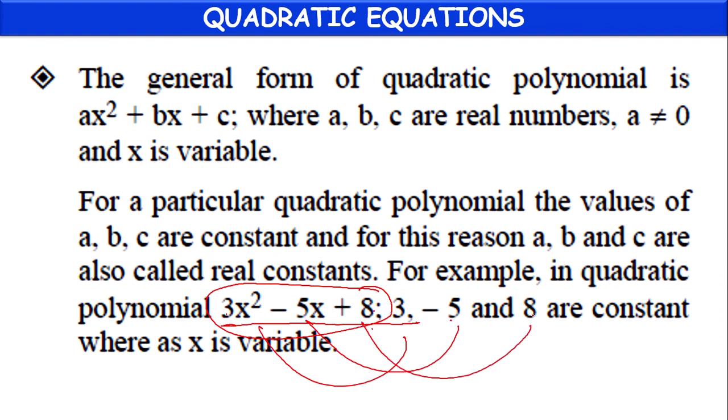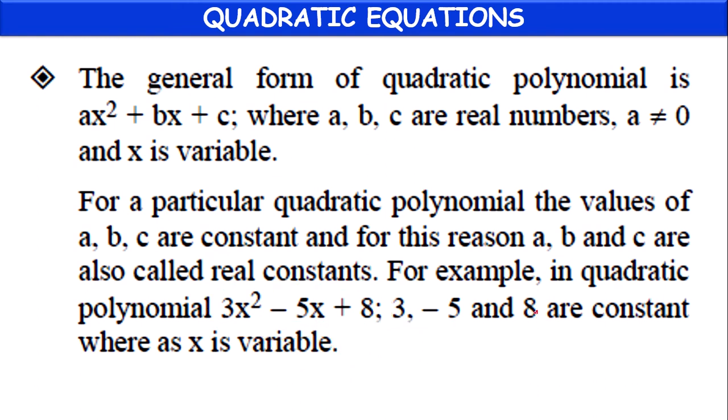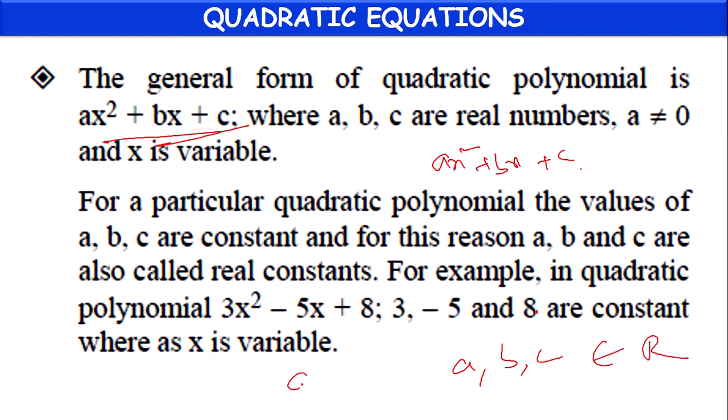These 3, minus 5, 8 are real constants, and x is the variable. You might get questions like this, children. So write the general form of a quadratic polynomial means you have to write ax square plus bx plus c, and the condition: a, b, c belong to real numbers and a should not be equal to 0. This is the condition.